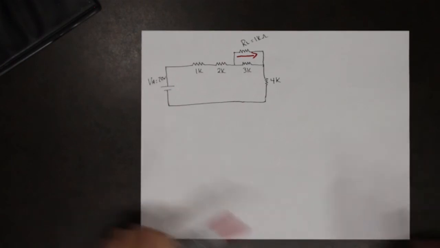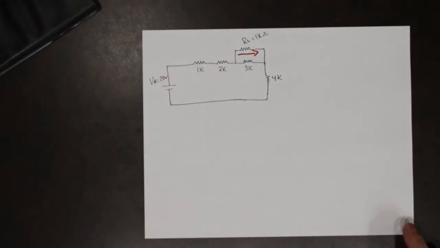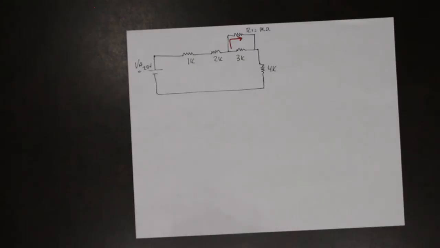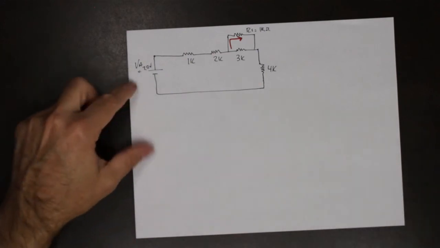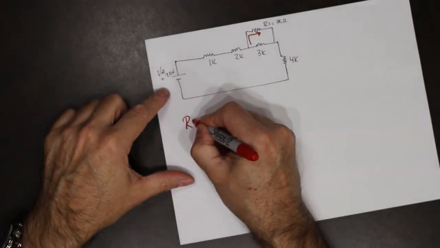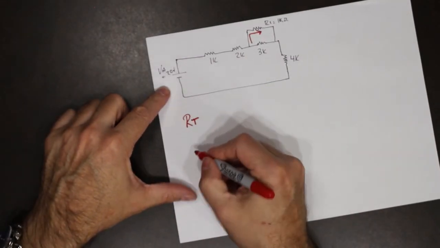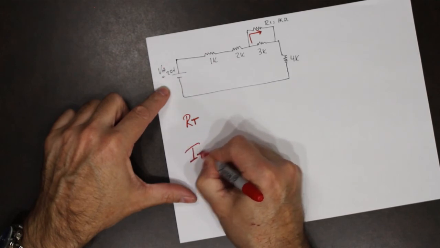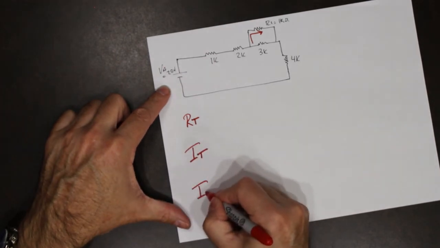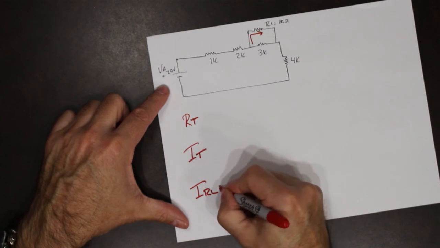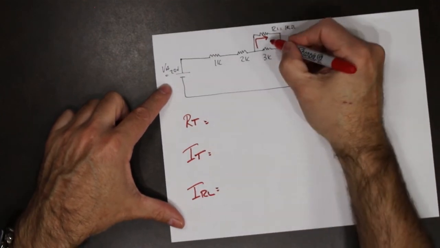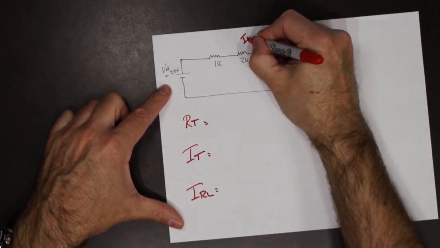So let's solve this one. In this particular case, what we need to first do is find R total so we can find I total so that we can find IRL. So that's what we're looking for, is IRL.